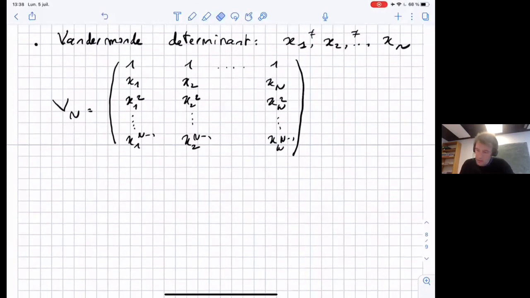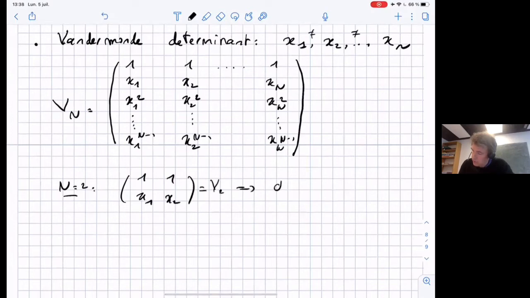If you compute the determinant of this, you can easily do the case n equals 2, for instance, just for fun. This is just 1, x1, x2, so this is V2. Now, if you compute the determinant of V2, it's very simple in this case. This is just x2 minus x1.